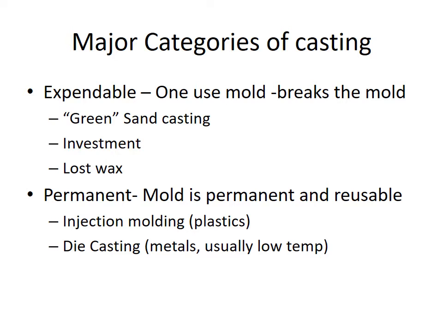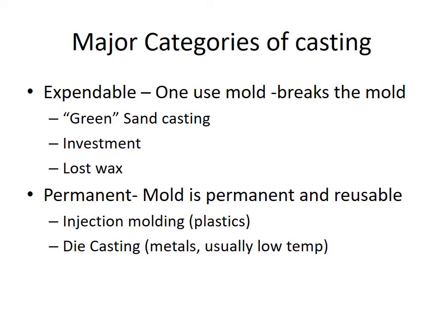There's a couple of other types that are fairly useful in industrial settings. Investment and lost wax, which really can kind of be the same thing. It's a way of making multiple parts multiple times, but you still break the outer housing, the mold itself, to get the part that you need.